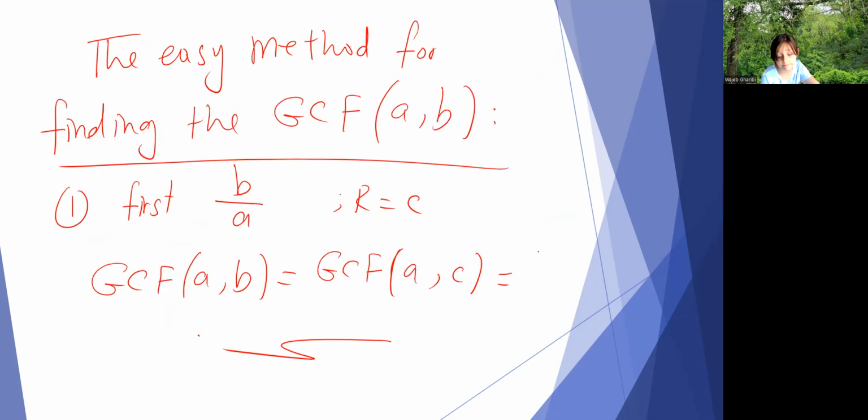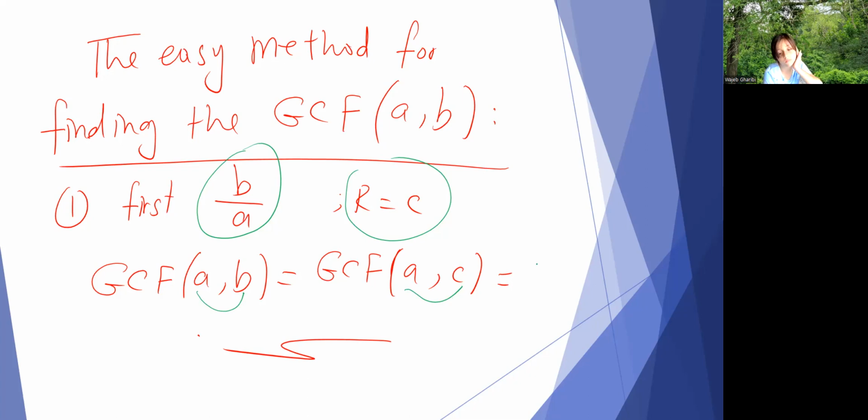So how to find the greatest common factor by using this method? First we divide B by A, and then we find the remainder, which is C. The greatest common factor of A and B is the same as the greatest common factor of A and C. And we can repeat the same method until we get the easiest, the smallest number, might be A and 0 or something like that.